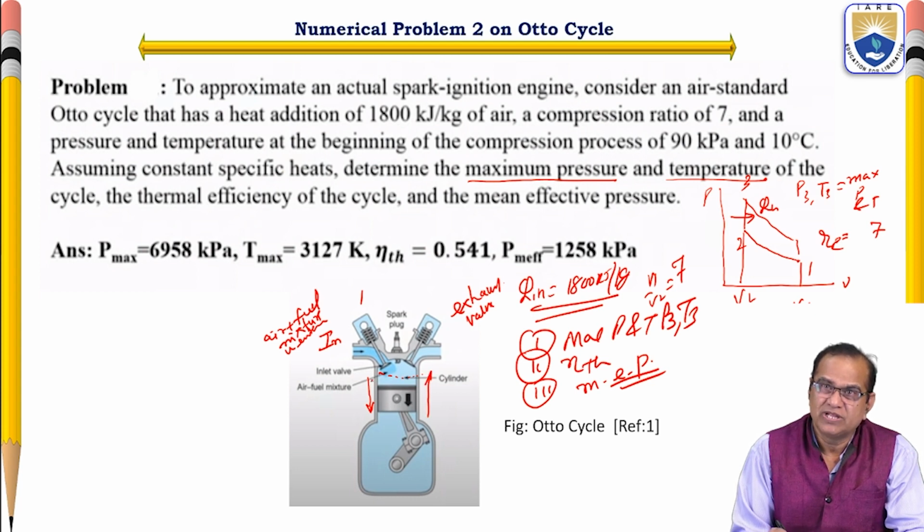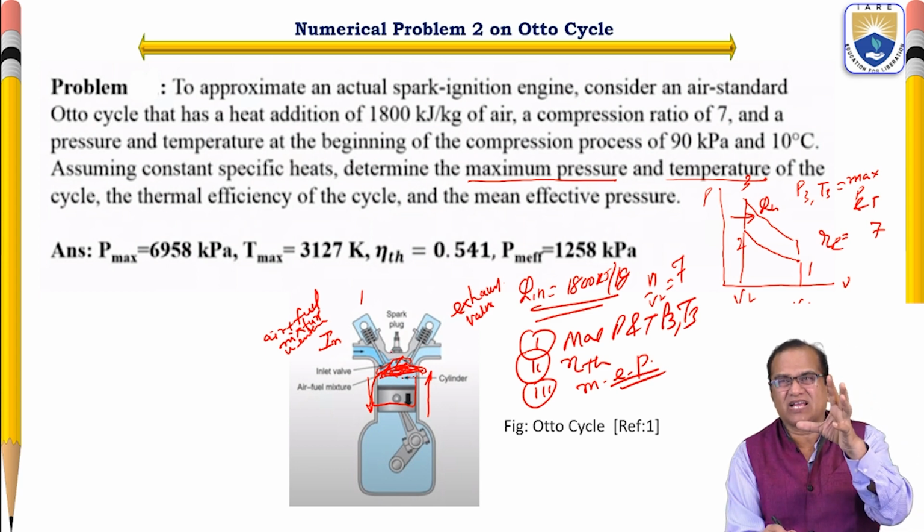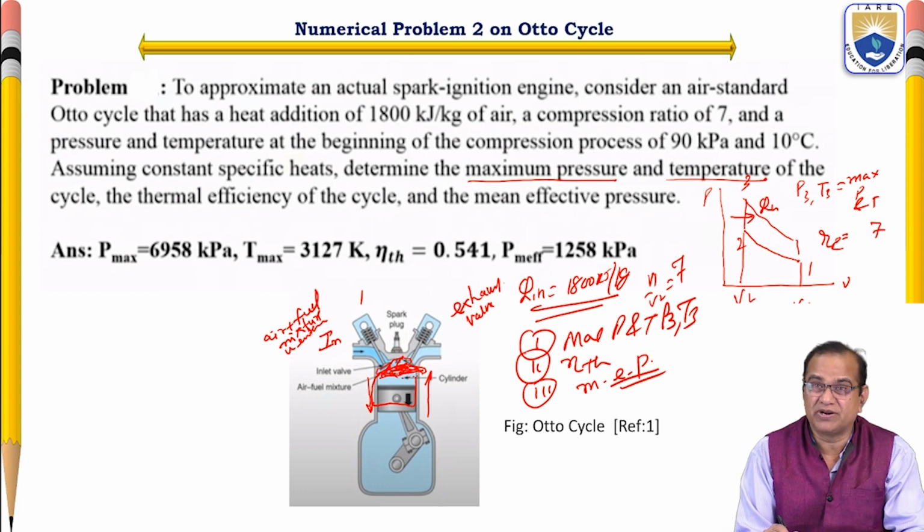This much volume, from here to here, is reduced to only this much. Very compressed air-fuel mixture is here. As it reaches here, an electric spark is given and this fuel is burnt.